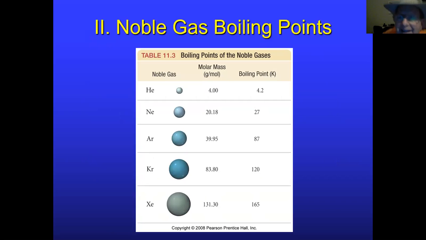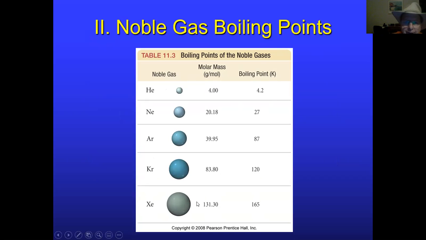So if I'm dealing with the noble gases, I'm dealing with helium, which only has 2 electrons, as opposed to neon, which has 10, as opposed to argon, which has 18, krypton 36, and xenon 54.